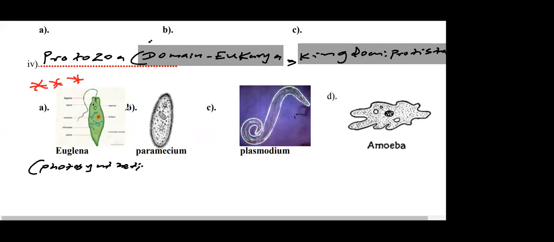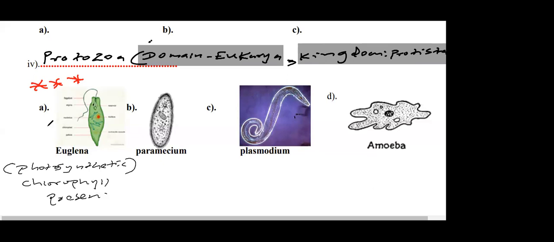Please write below: Euglena, photosynthetic, within brackets chlorophyll present, autotrophic. And label this locomotory organelle as flagella.